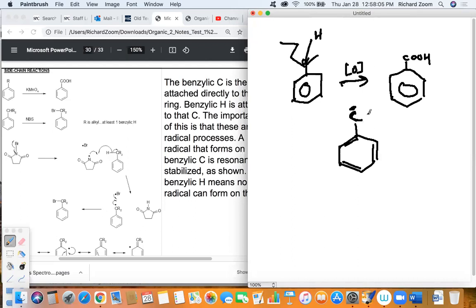Single electron species are notoriously unstable, but they can be stabilized at least to some degree by being next to an aromatic ring. So the fact that we can form that radical at all during the oxidation process means that we end up getting a carboxylic acid as a product, and it doesn't matter what else was connected to this as long as there's a CH here so that we can form that radical. Without the H there, it's more difficult to form that radical.